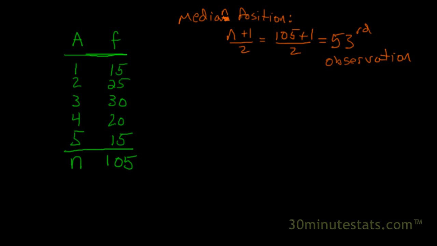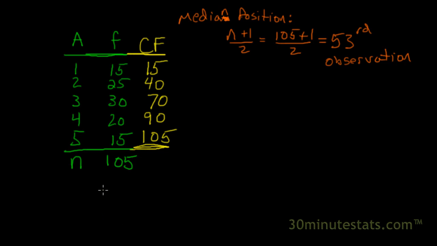And so we'll go ahead and create a new column for our cumulative frequencies. And then we'll go ahead and calculate the cumulative frequencies. 15 plus 25 is 40, plus 30 is 70, plus 20 is 90, and we'll add 15 to get 105.